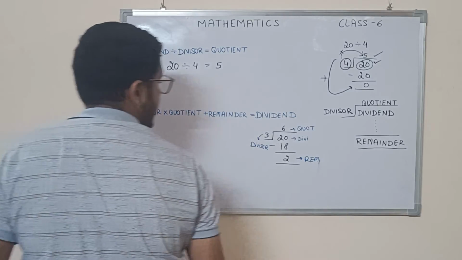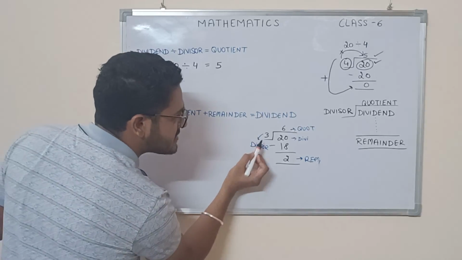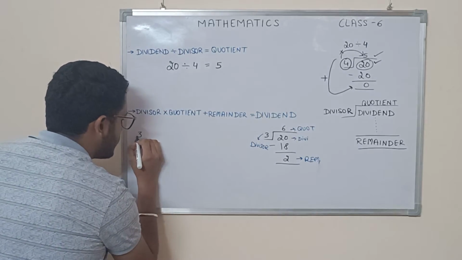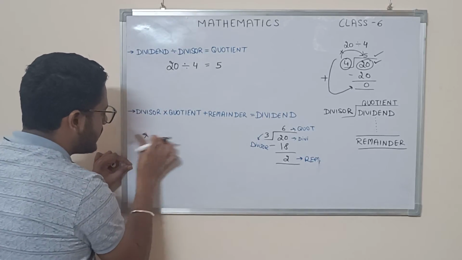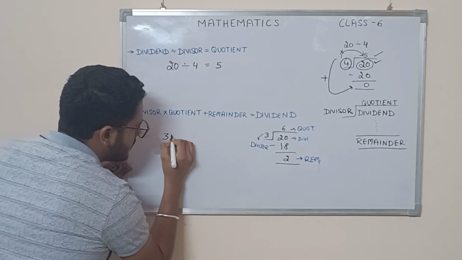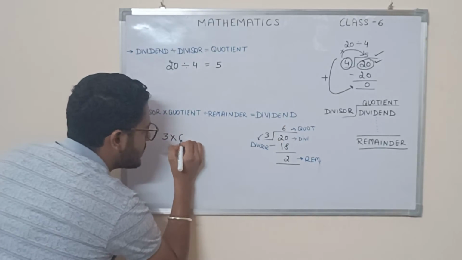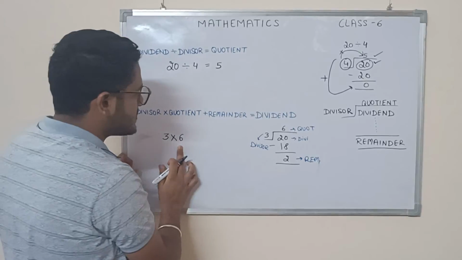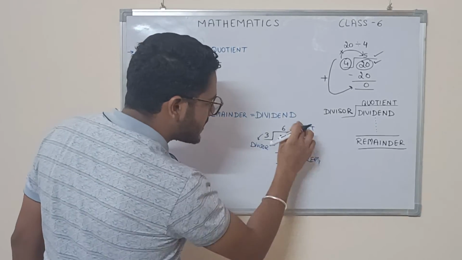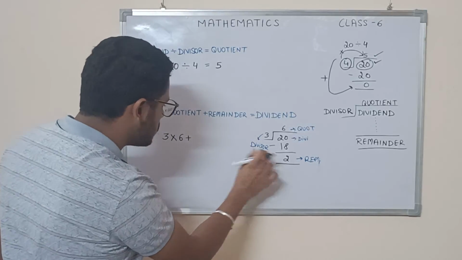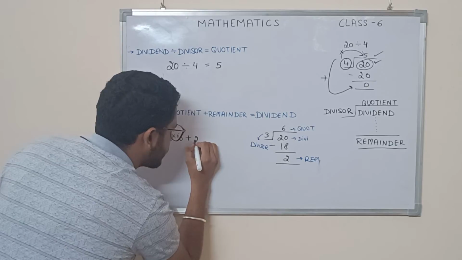Let's try to understand. We are saying divisor multiplied by quotient. Divisor is 3. 3 multiplied by quotient. Quotient is 6. 3 multiplied by 6 plus remainder. Now in this case our remainder is 2, so we write 2.